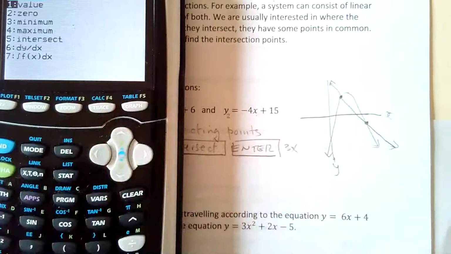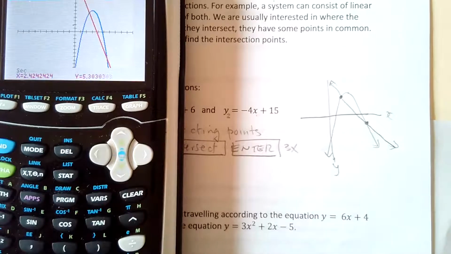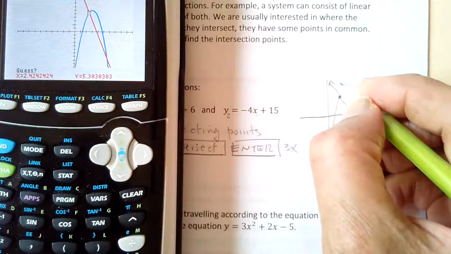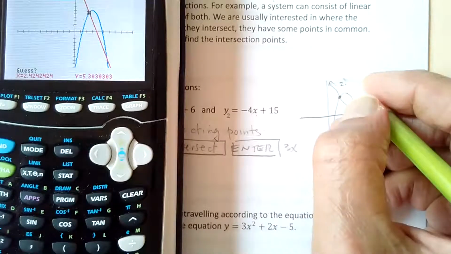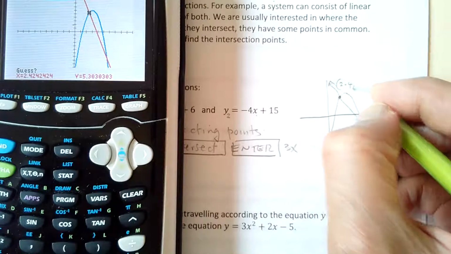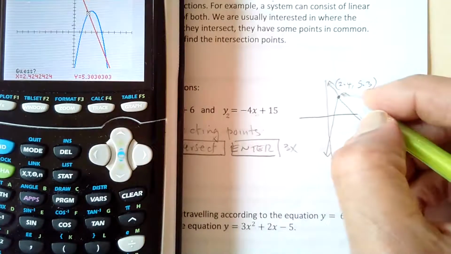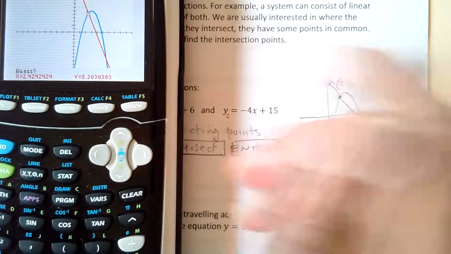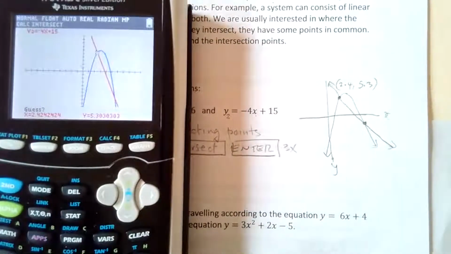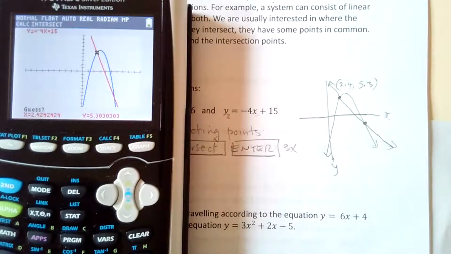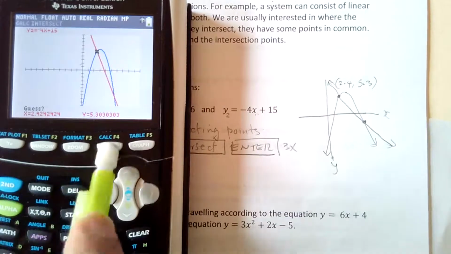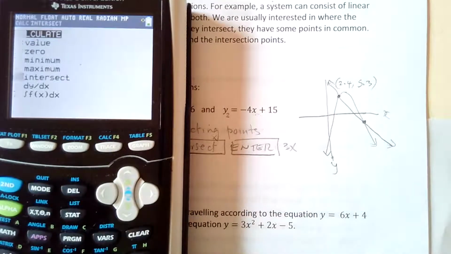Second trace, go back to 5, intersect, and we get 2.4, 5.3. This is the first solution. Now for the next one, second trace, go to intersect.